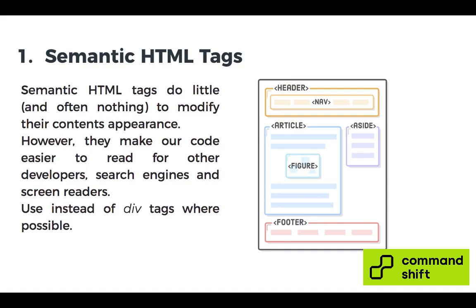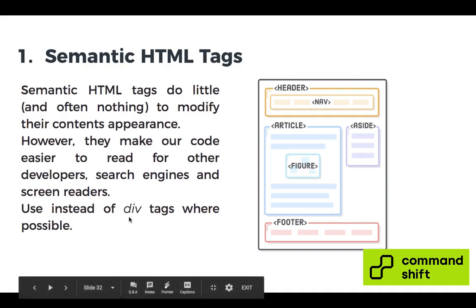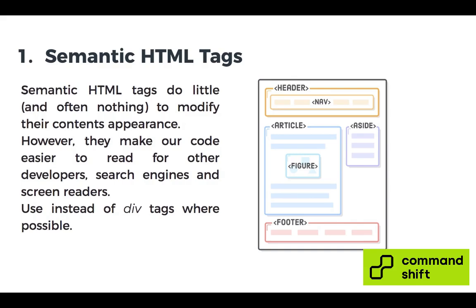Then for so long, people were using div tags for grouping content together because we didn't know any better. We didn't have an alternative way of organizing content in a logical manner. And then with some new HTML revision, they introduced this idea of semantic HTML tags, for describing what the content is relevant to.